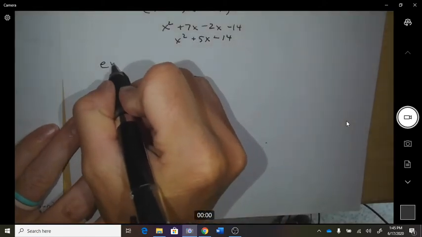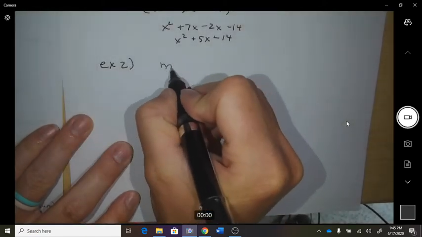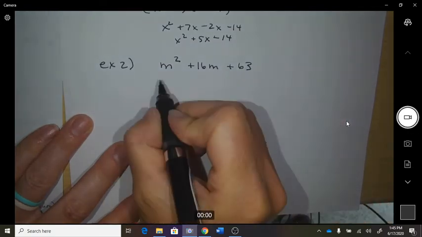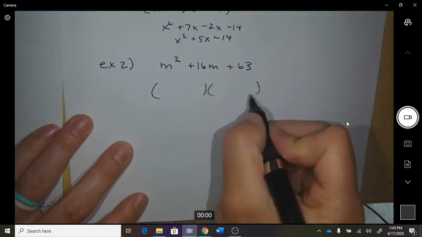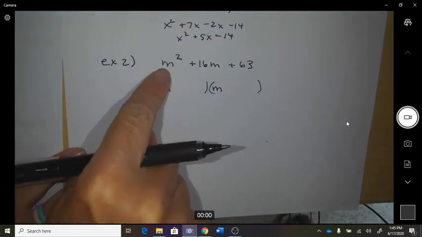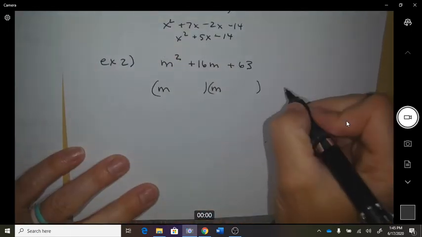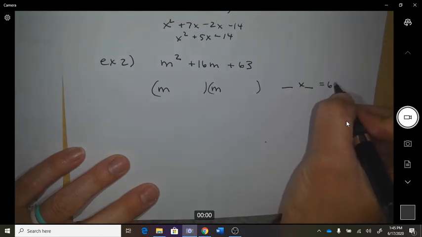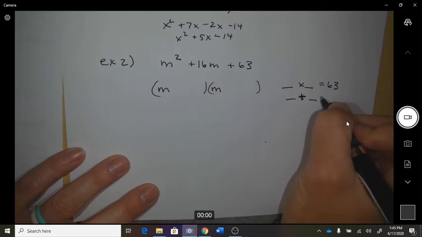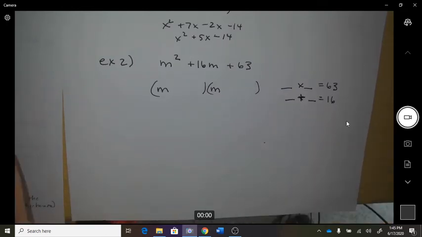Okay, example 2: m squared plus 16m plus 63. In my brackets, those are both m's because that's how I got my m squared. So I'm thinking of a number times a number to get me 63, and that number plus that number has to make 16.